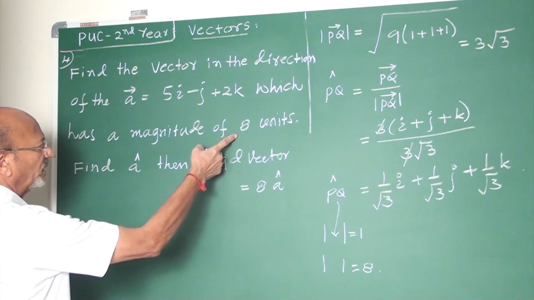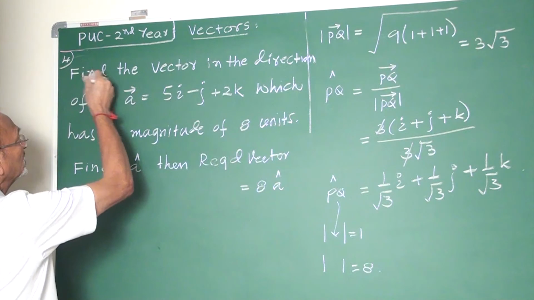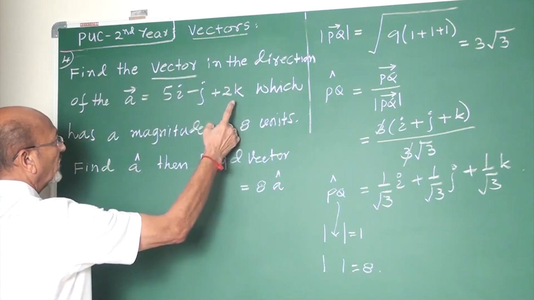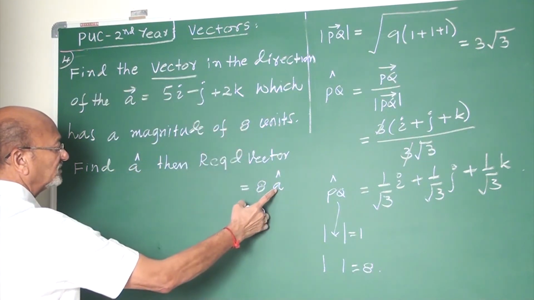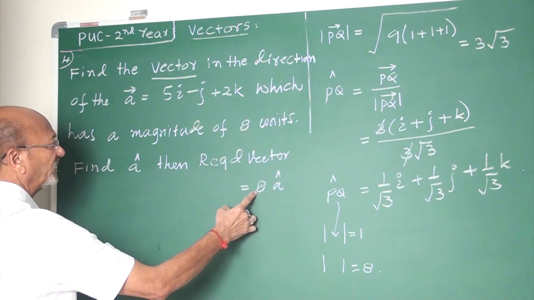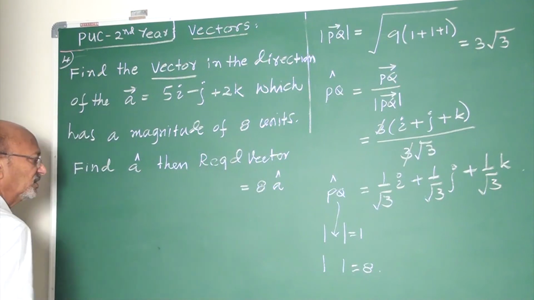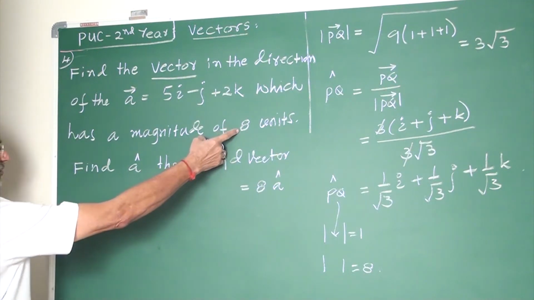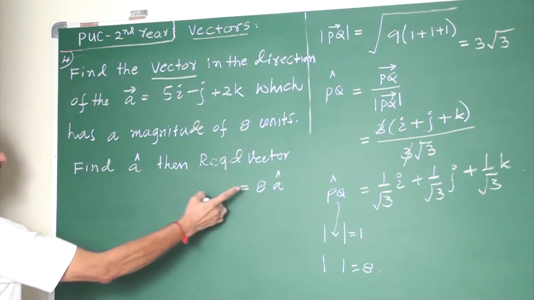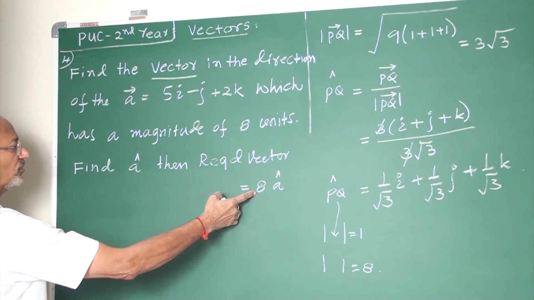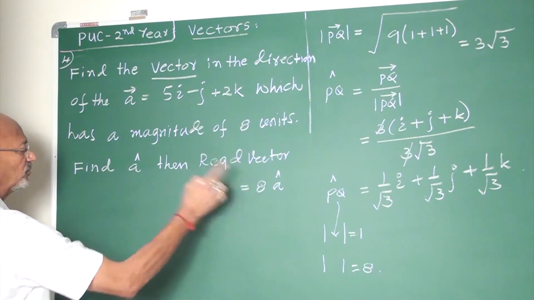You wanted a magnitude of 8 units. Find the vector of magnitude 8. This is with 1. If you multiply by 8, that will be your vector with 8 units, my friend. Therefore, to find such vectors, first you have to find A cap, then multiply by 8, 5, whatever the magnitude you wanted, you have to multiply.